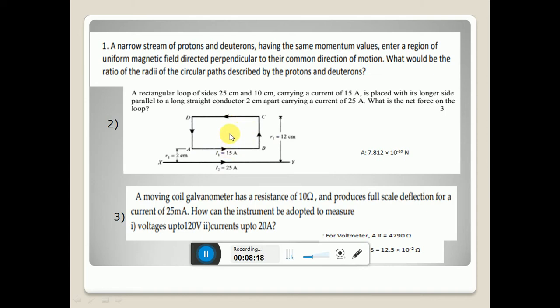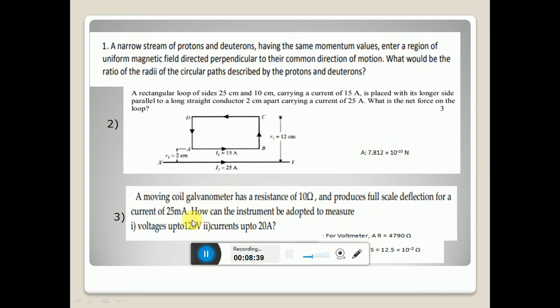After getting the force values you have to subtract the shorter one from the longer one. The answer you will get is 7.812 into 10 power minus 10 Newton. So try to do it on your own and get this answer. If you are getting a different answer, try one more time, then you can cross check with this answer.